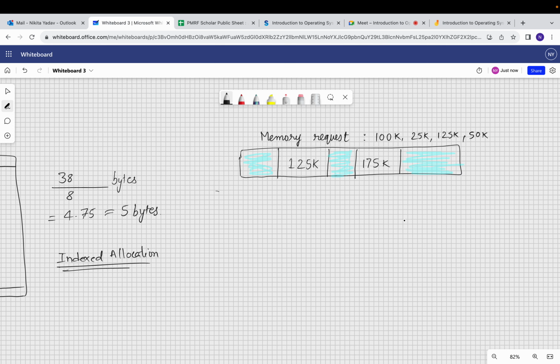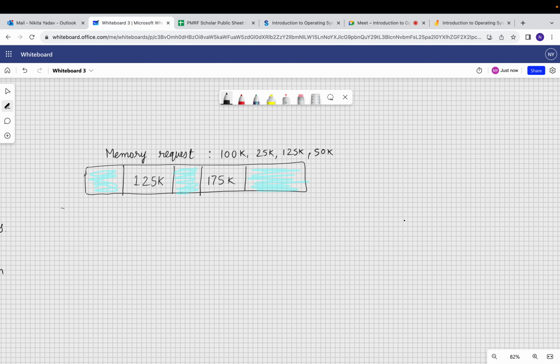Okay, so this is your memory map. Here the blue regions are allocated and only the white regions are available. I have not colored them fully, but these are blue, these are allocated. The memory requests are 100k, 25k, 125k, 50k. Now, what does the best fit strategy say?